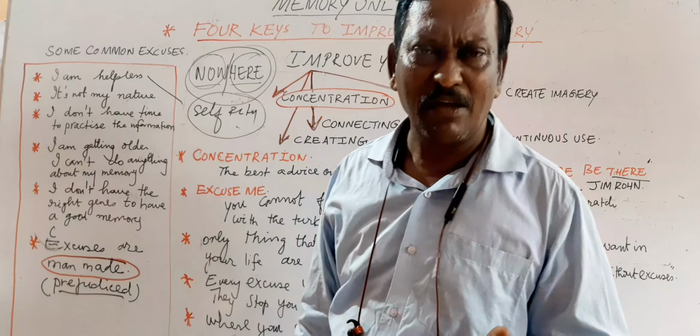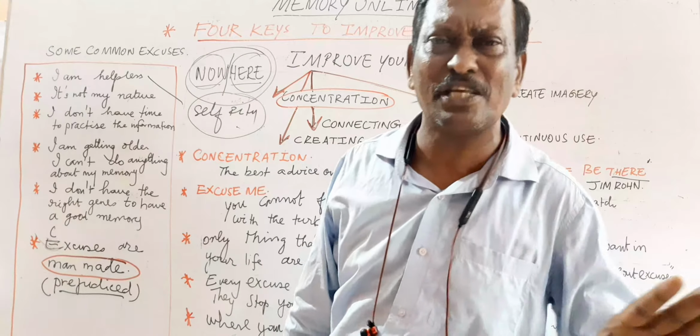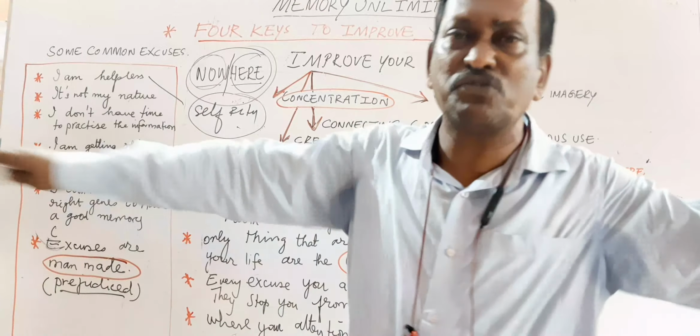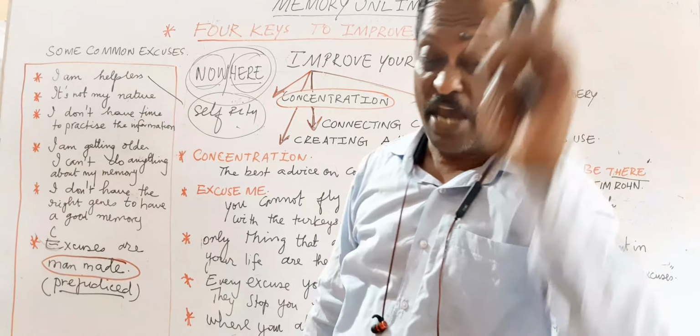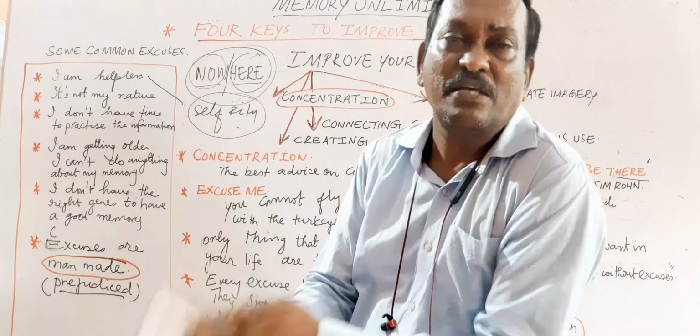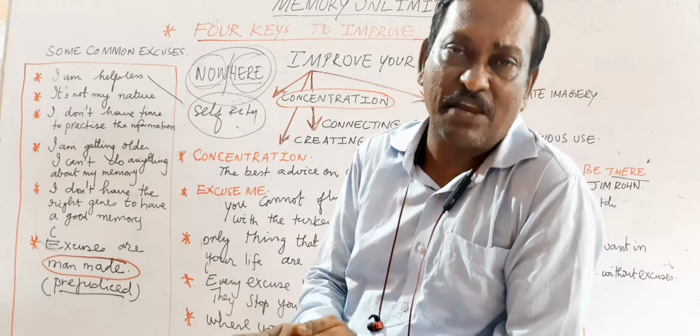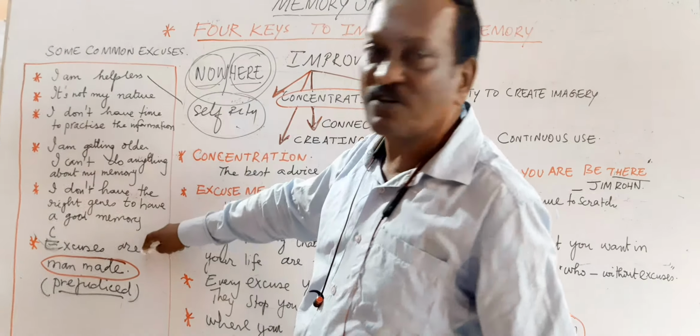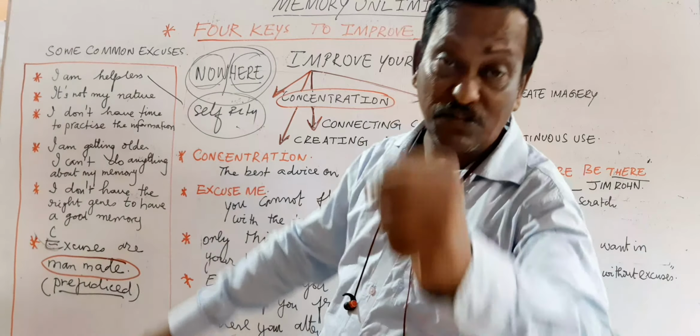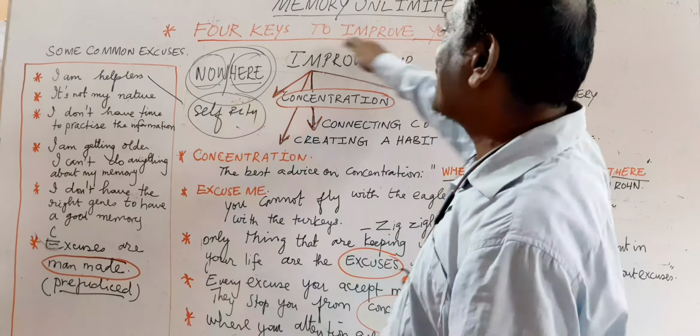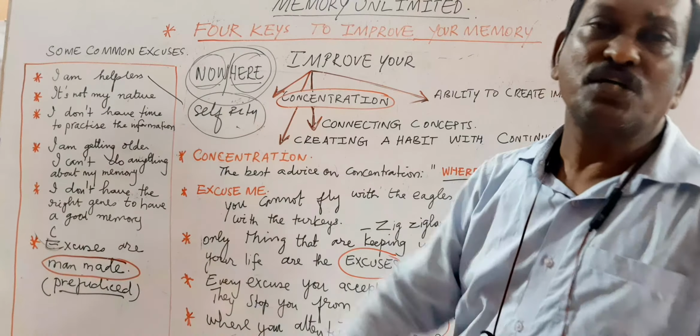From today, make a resolution: I will say goodbye to all my excuses because my excuses are hindering me. They are blockades, they are barriers. So the moment I get rid of excuses and I decide to work hard and give my best, that's the time I open the gate to memory.